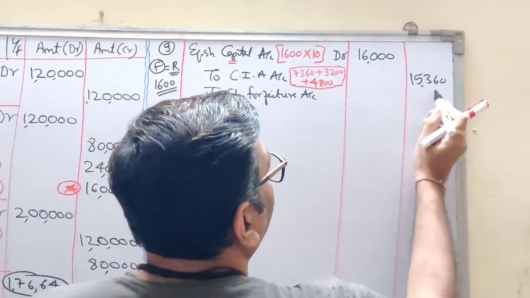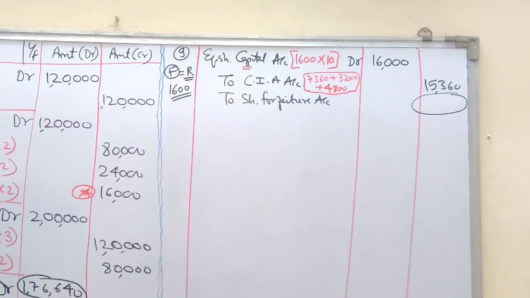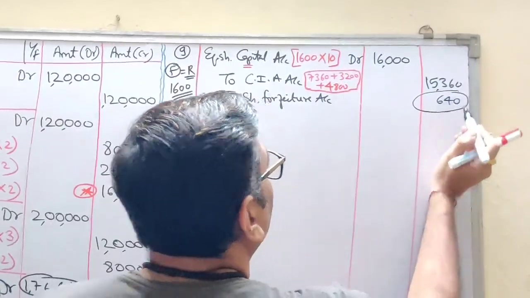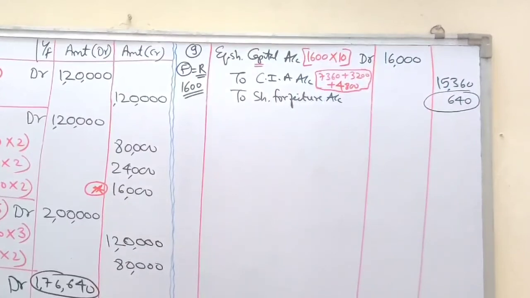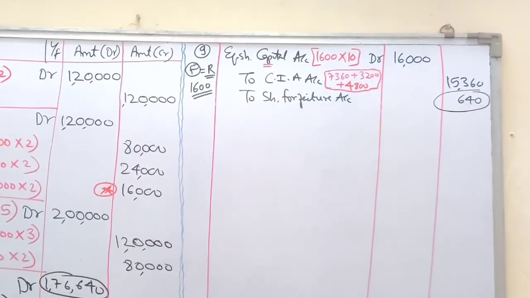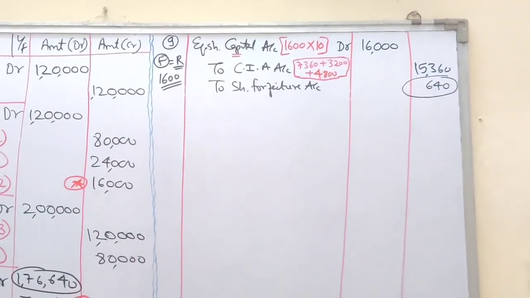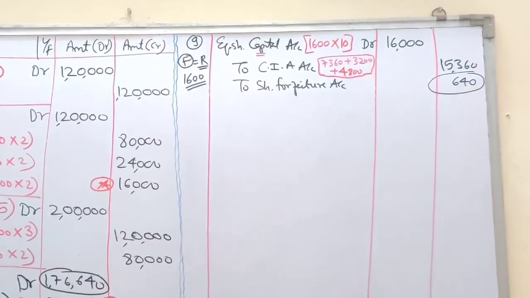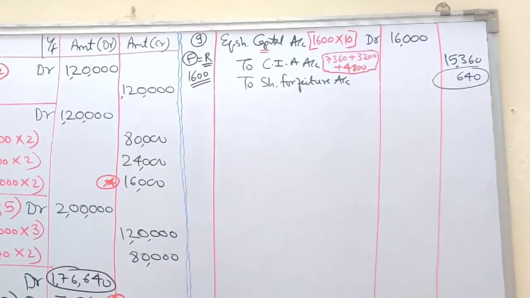And you will write the difference amount now. Minus 16,640. So this is the difference amount, 640. Somewhere we are going wrong. 7360, correct? 1600 into 2, 3200, right? 1600 into 3, 4800, correct?